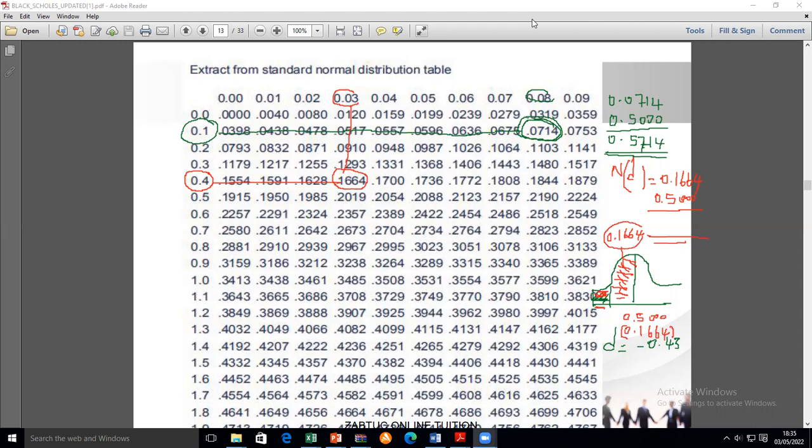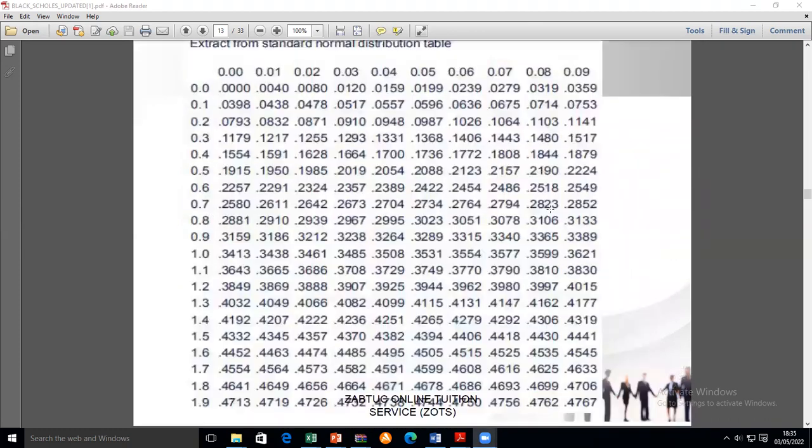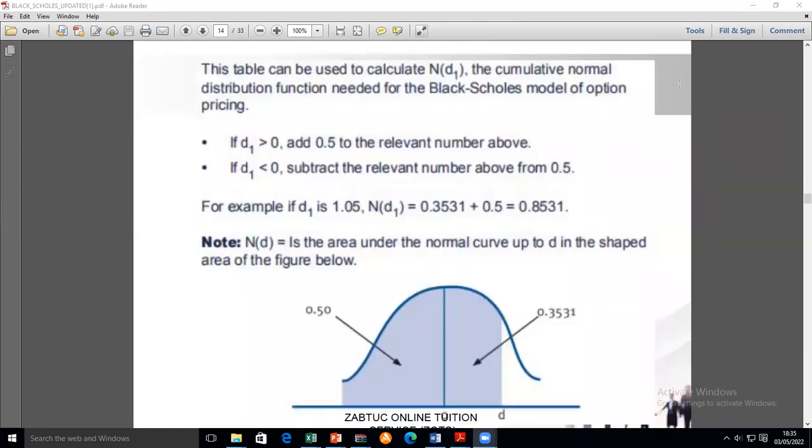Just to reinforce the point Mr. Mfua is making, let's read it here. If D1 is greater than 0, you're on this side. What do you do? You add 0.5.